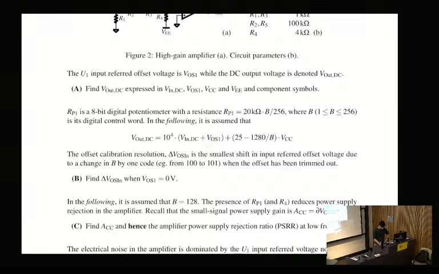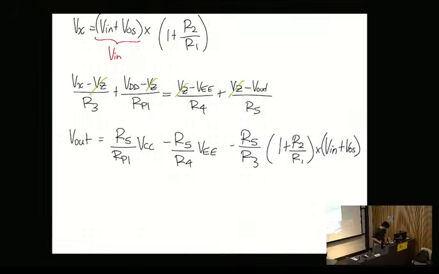And we know it's been trimmed out because we've measured it and we've seen that the output is 0, right? For an input of 0, right? Because when we're measuring the offset, we ground the inputs because the offset is intrinsic to the amplifier. It has nothing to do with the input, so we just ground it. So that means effectively in this equation, I can just ignore this and ignore this because that's when the offset has been trimmed out. Yep. So any questions on that so far?